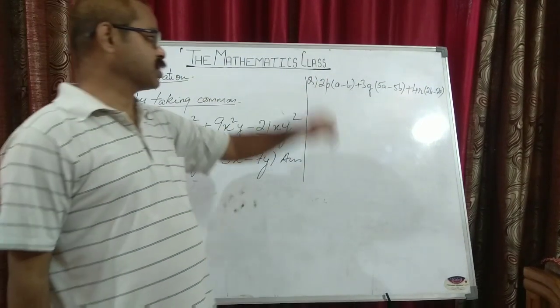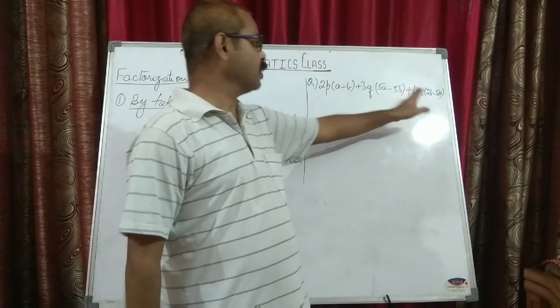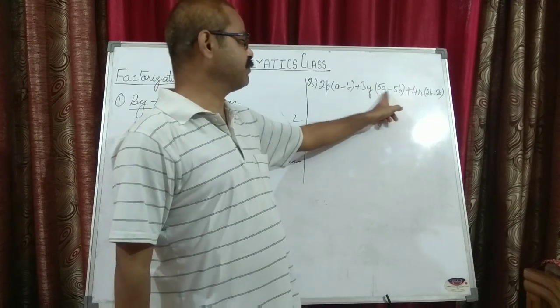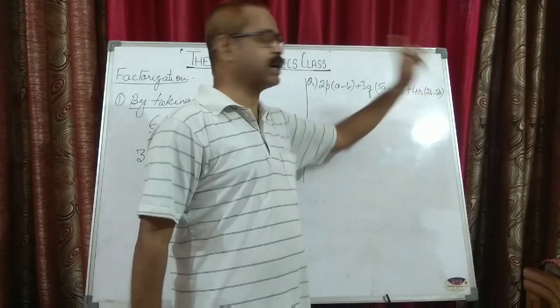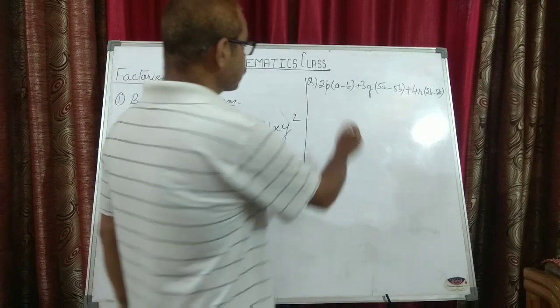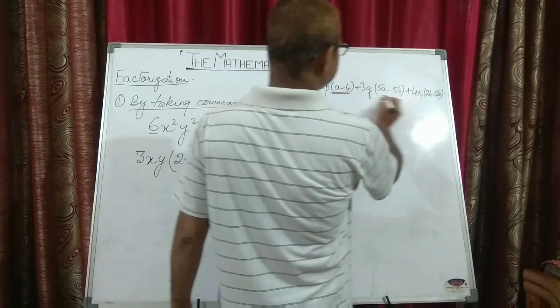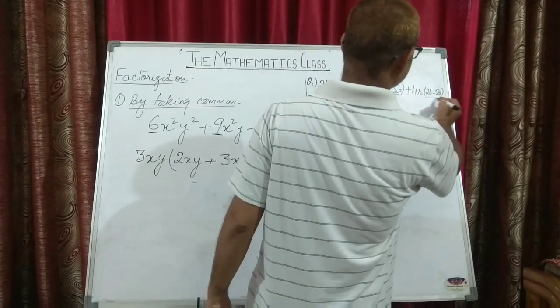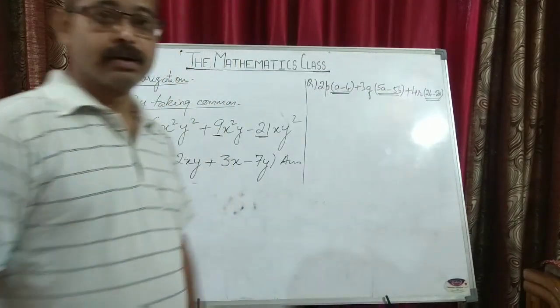Now in this question, p, q, r are there, a minus b, 5a minus 5b, 2b minus 2a.